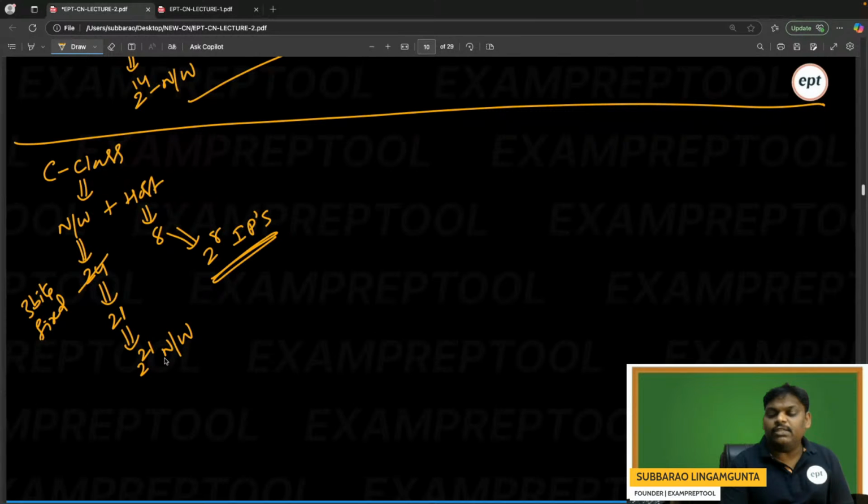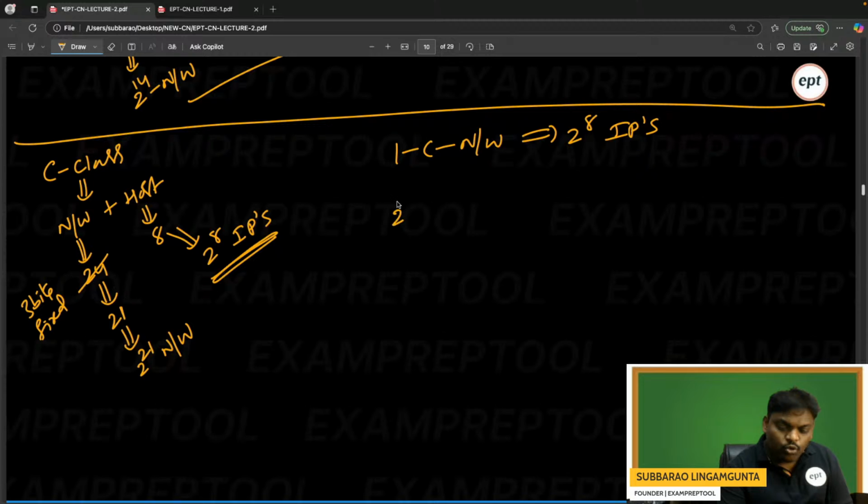One class C network has 2 power 8 IPs, but we have 2 power 21 class C networks, so 2 power 21 into 2 power 8 is going to be 2 power 29 IPs possible.